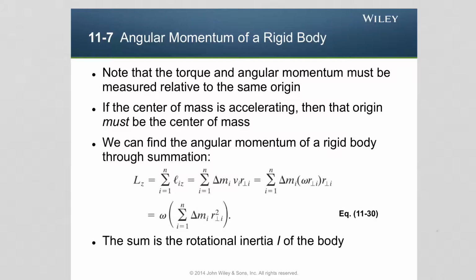So for each particle in the rigid body, we are going to have a component of the angular momentum, which will be along the z-axis.